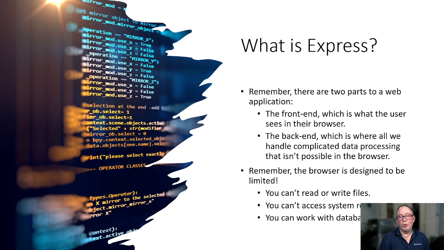We have the ability, through a set of APIs, application programmer interfaces, to interface with certain elements on the computer, in particular on phones, like GPS systems. We can access cameras. There are a few things we can do, but by and large, you're not allowed to read and write files to the user's computer.